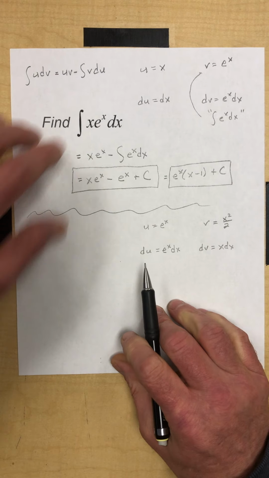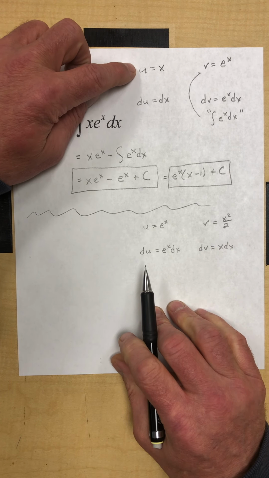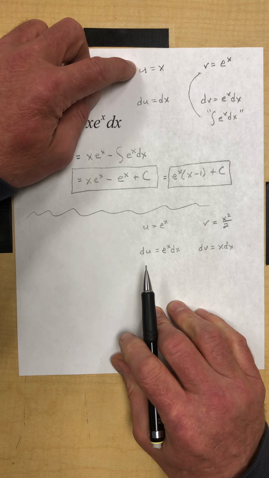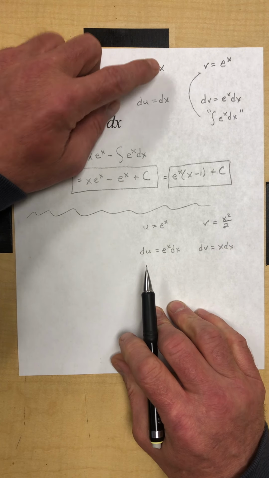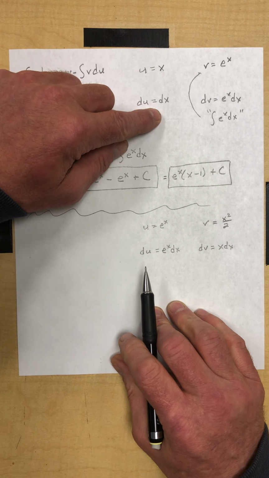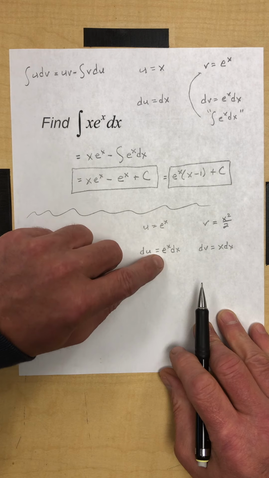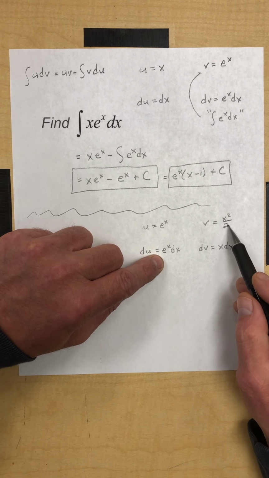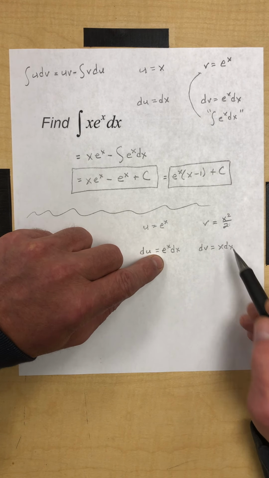Okay, and so what happens is up here, when you let the x be your u and you take the derivative, it sort of diminishes it, just knocks it down to a dx. But over here, that doesn't happen, and it certainly doesn't happen here. It makes things even harder, okay?